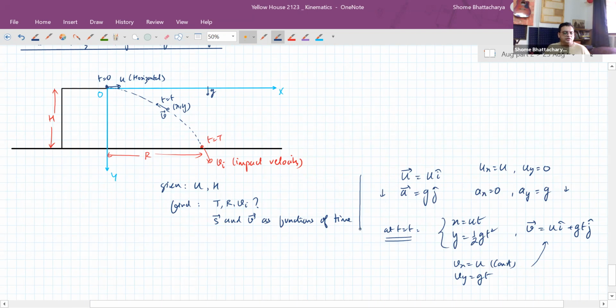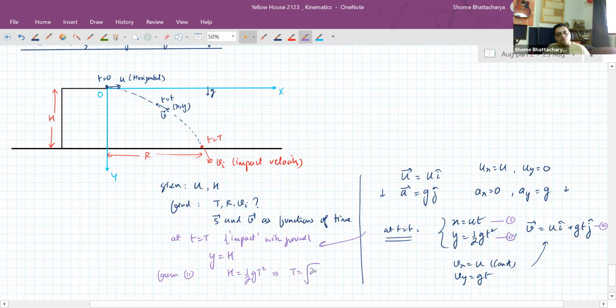So now the next thing is the time when it hits the ground, at t equal to capital T, the impact with the ground. First of all, what is happening at this time? The y coordinate is becoming H. So from equation 2, you can see H is equal to half gT square. So the time taken is square root of 2H by g to reach the ground.